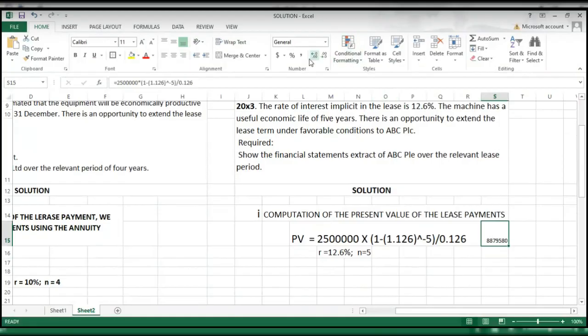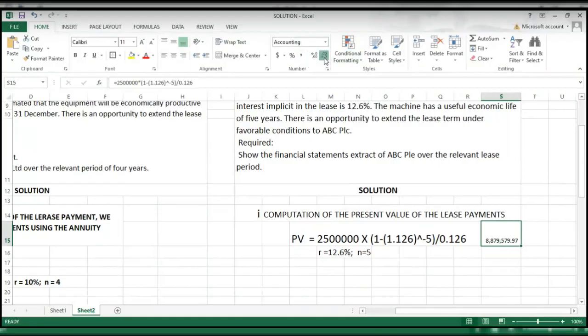So here we have the present value of the lease payment.